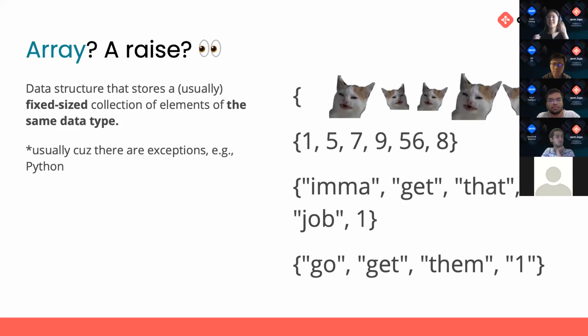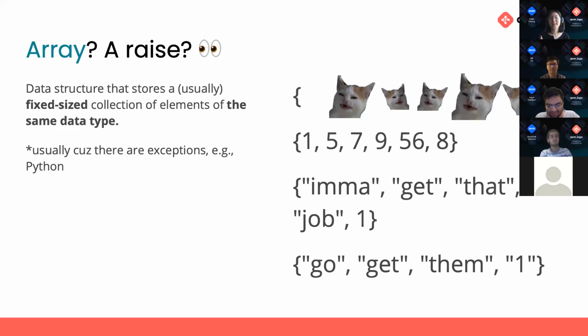Okay, so someone said the first one. This is tricky, because if I have a cat data type, then this is defined as an array because they are the same cats and it's fixed size. Someone said the second one. The second one is an array because it's all integers.